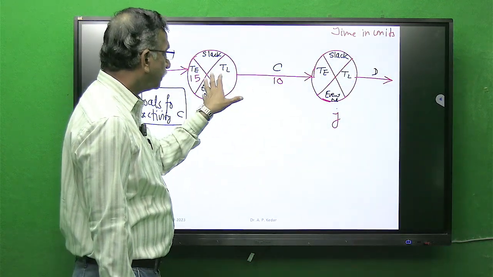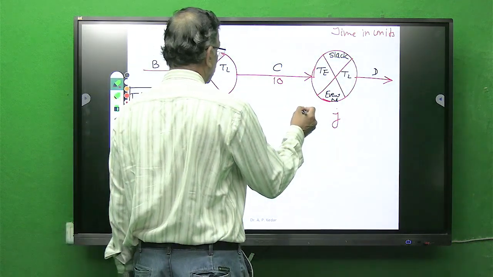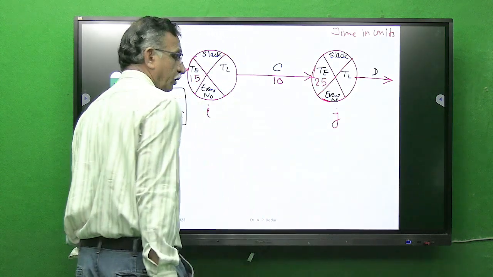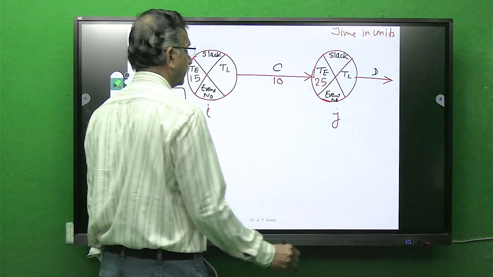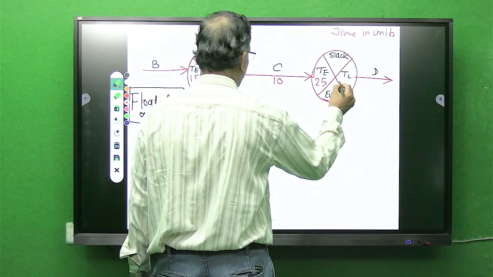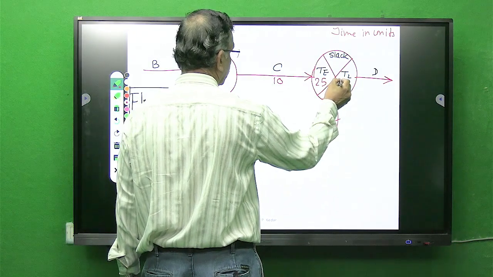Then we got another point. Now to understand this, we know how the logic of forward pass and backward pass is applied. So 10 plus 15, 25.